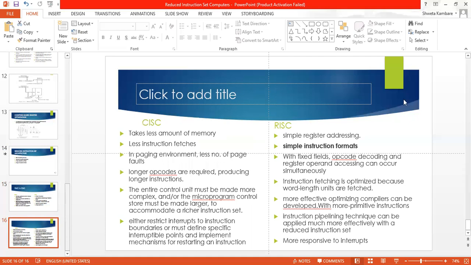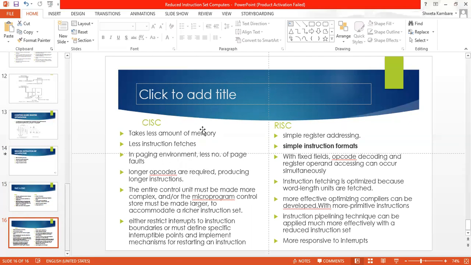And this is our last slide for today. We are going to continue talking about RISC. As in RISC, registers are going to be used. The register addressing is simple, and instruction format is also going to be simple.